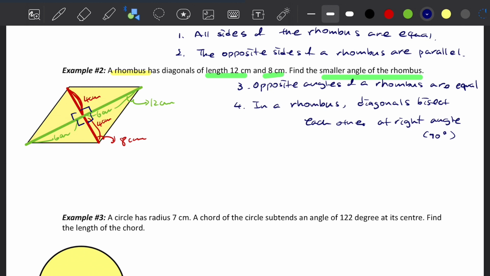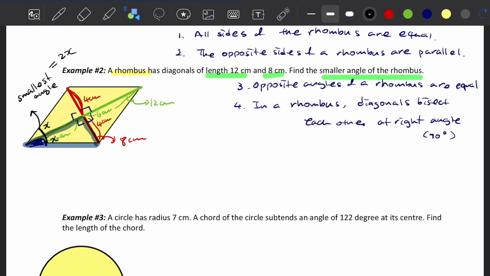We can take one of the triangles out and calculate this angle, this half of the angle, to find the smallest angle of the rhombus, because this is your smallest angle, right? If I say half of the smallest angle is x, then the smallest angle is 2x. So if I find this angle x, then we can find the smallest angle of the rhombus.